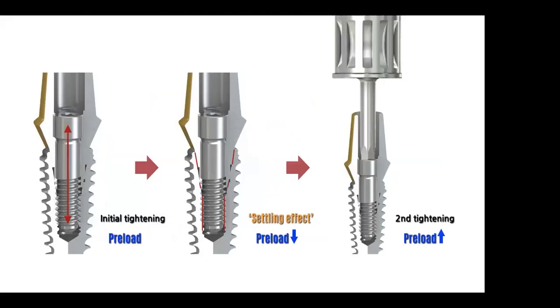So what we usually recommend is tightening the implant once to 30 to 35 Newton centimeters, and then about 5 to 10 minutes later, we do the second tightening, just to compensate for the settling effect, which is a sinking effect, and make sure the abutment is tightened down all the way.